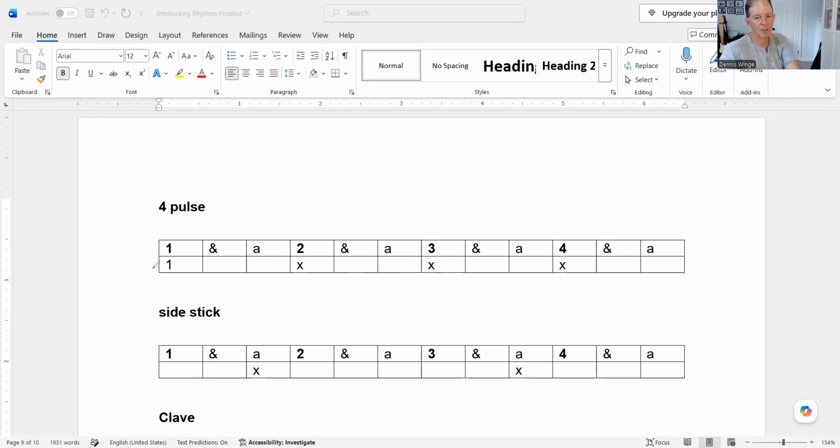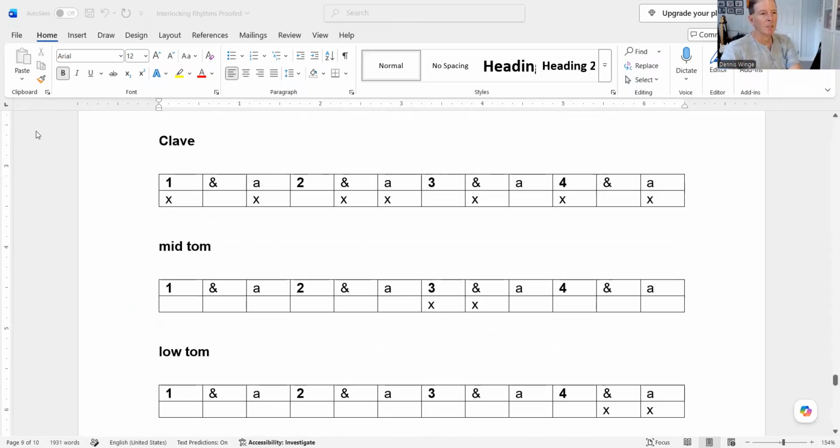And then the side stick pattern would be 1, 2, 3, 4. And then we get to the clave pattern itself, which is like the Afro-Cuban bell pattern, the 1, and 4, 1, and 4, 1.